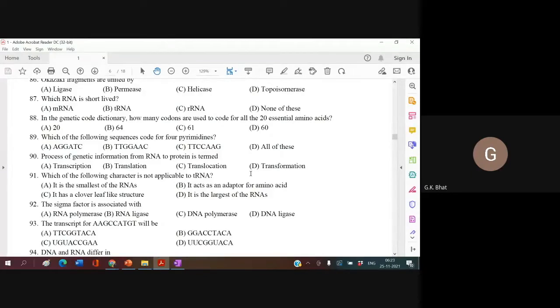Adenine and guanine are purines. Here question is, which of the following sequences code for 4 pyrimidines? Where you have 4 pyrimidines? In which of the group? C. Answer is 89C. 90.